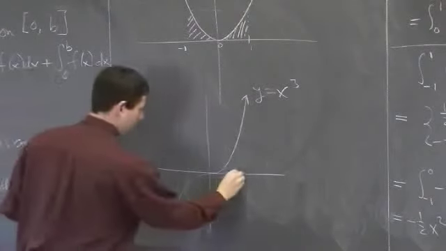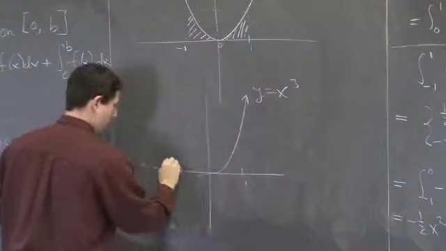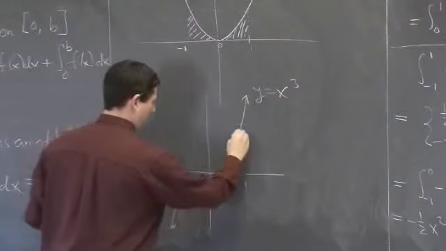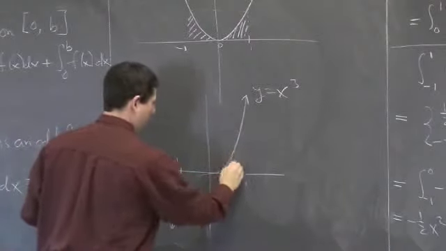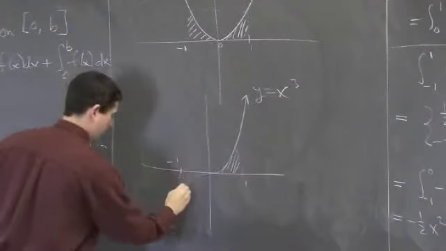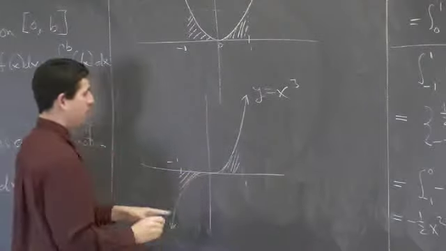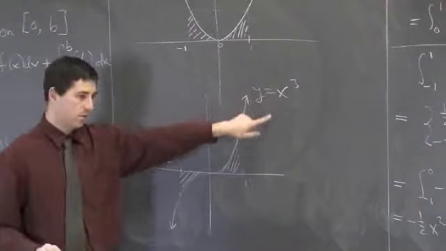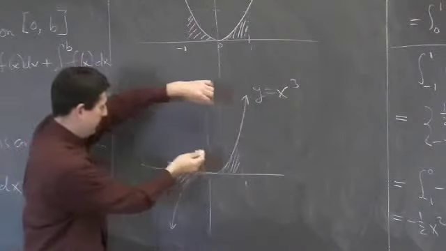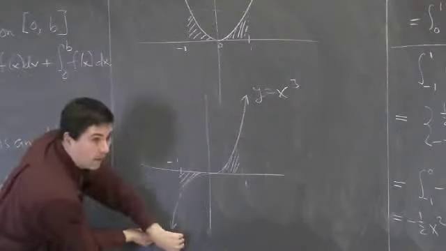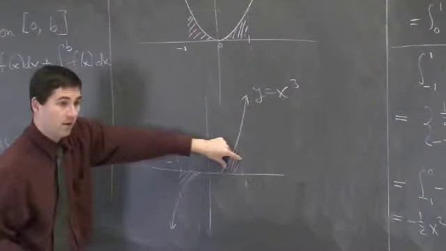On the other hand, if we draw an odd function like x cubed, let me compute the area between minus 1 and 1. Because this is an odd function, you just take this graph, reflect it across, and reflect it down. So this area is the same as that area.